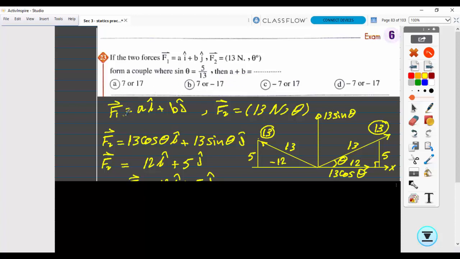F1 equals AI plus BJ and F2 equals 13N and theta. Now we put F2 in the algebraic form.